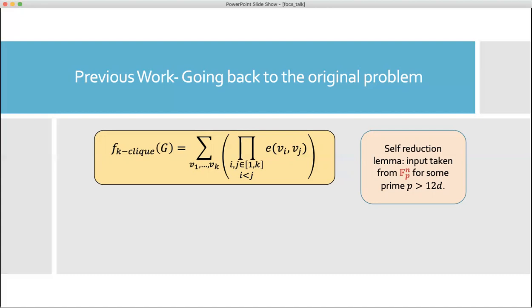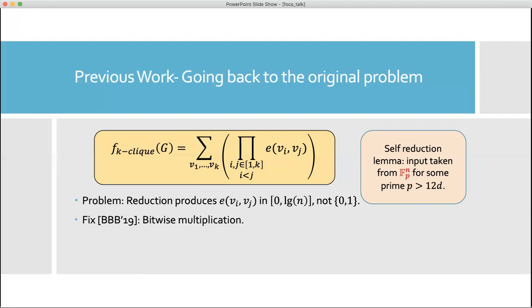These numbers can be from 0 to p minus 1, where p is our prime number, and they can be as large as log n. This is why we get back to a multi-edge version of KClick, because, for example, if E of Vi and Vj is 5, it means that we have 5 edges between Vi and Vj.